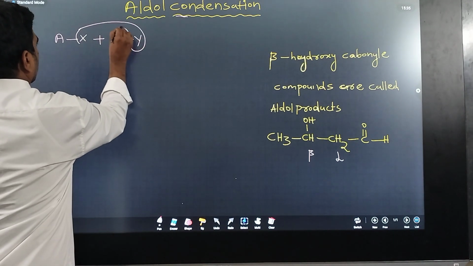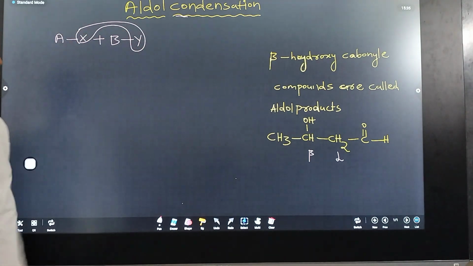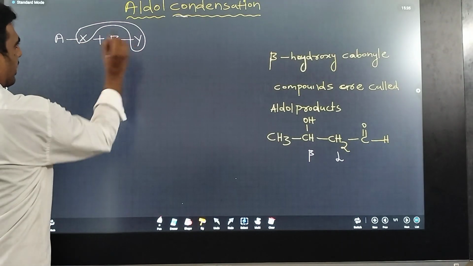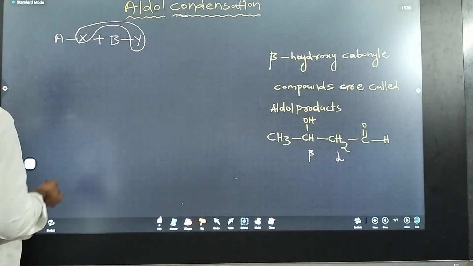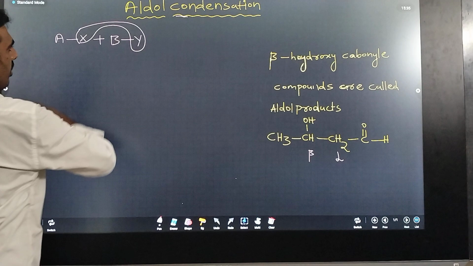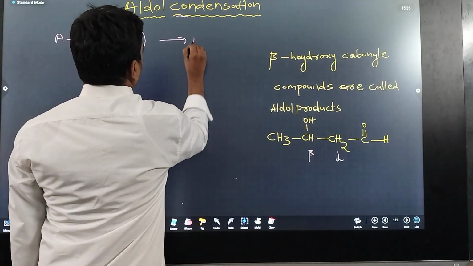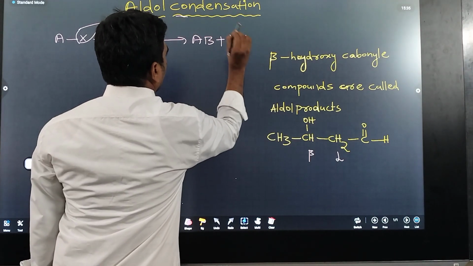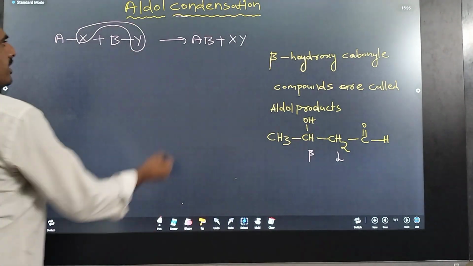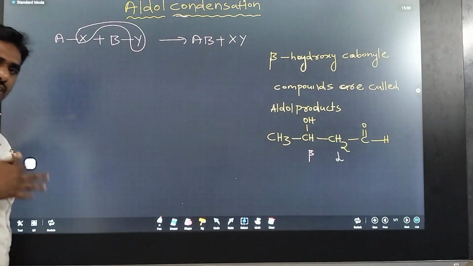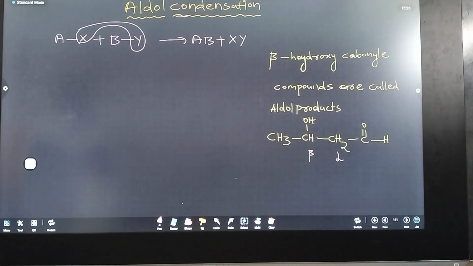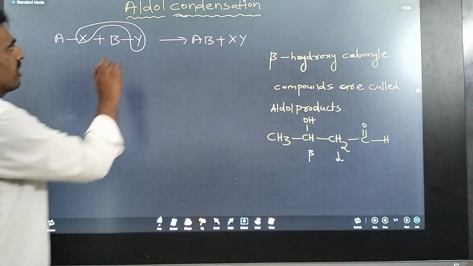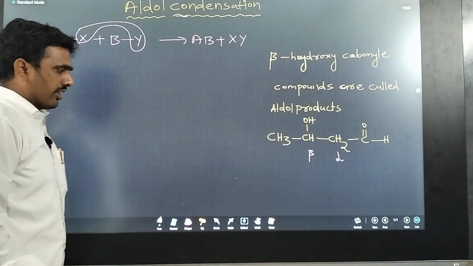These two compounds eliminate X and Y as small molecules, and the addition of A and B takes place. That means A-B and X-Y. So addition followed by elimination is called a condensation reaction. So this is the meaning of the term aldol condensation.